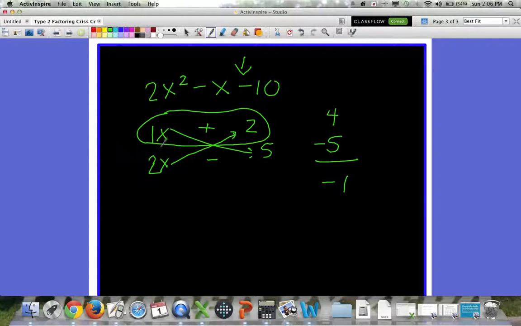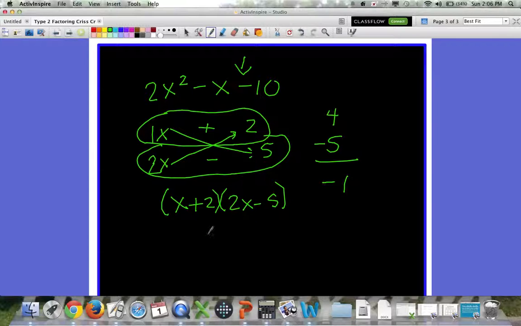So this is going to be x plus 2 and 2x minus 5. Those are the factors that will make this, and again, you can check it by doing a box or use your calculator and double check them. Let's do a box really quick just to remember.